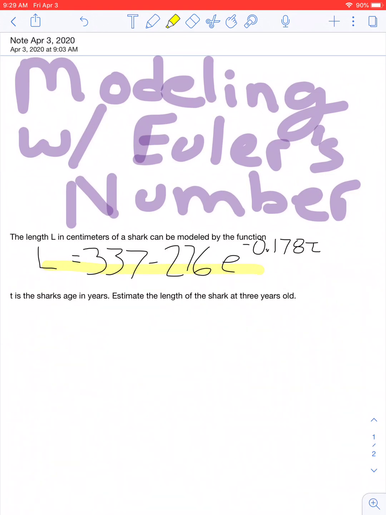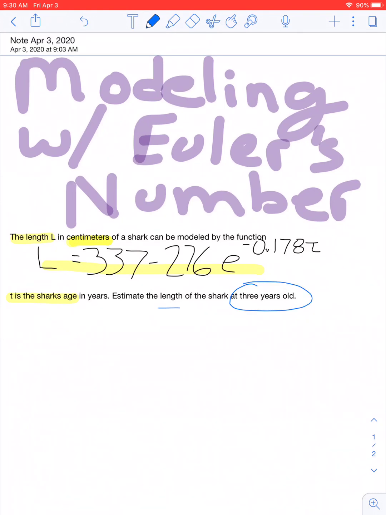So with that, we see that the length L, now this is key, in centimeters of a tiger shark can be modeled by the equation that's provided, keeping in mind that T represents the age in years, and again, L is the length in centimeters. Everything else is provided for us. Now the question itself says, what is the length at 3 years old?